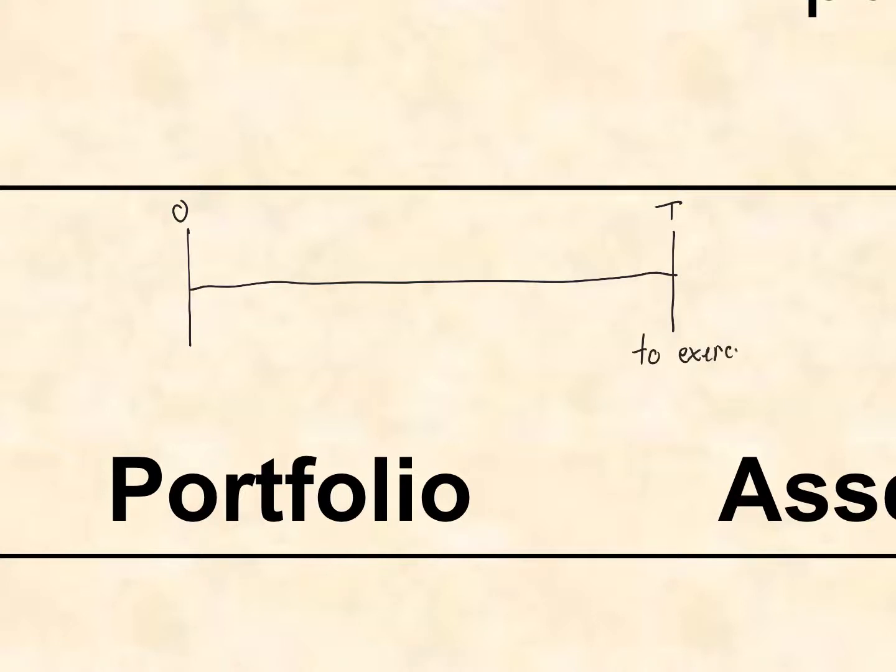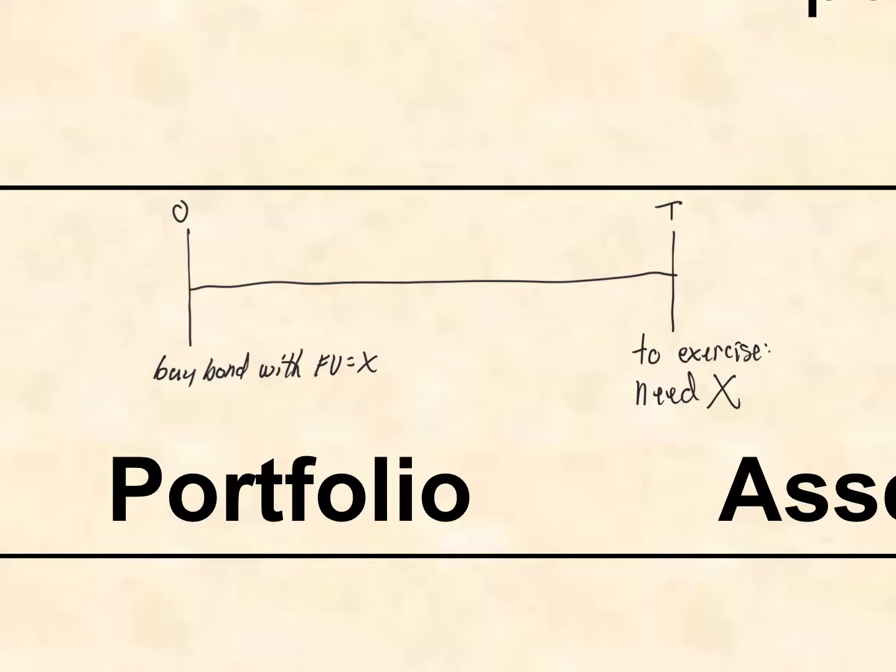Let's look at a timeline here. Today is time 0. The option matures or expires on day T. We know that to exercise, we need X dollars, but not today, on day T. And so we can buy a bond with a face value of X. So it's not worth X dollars today, not at time 0.